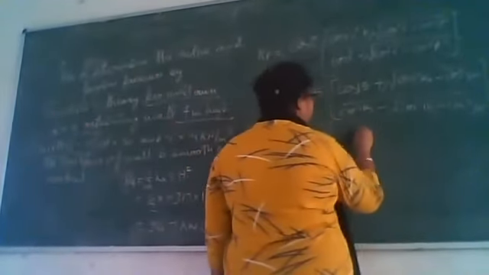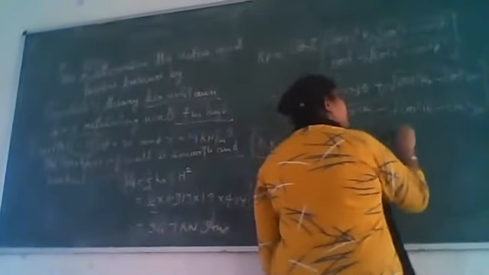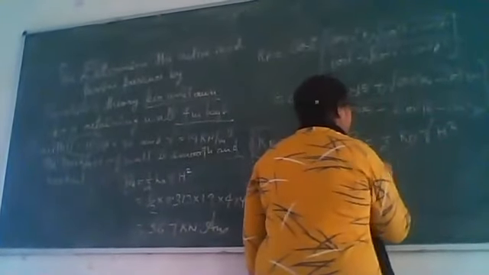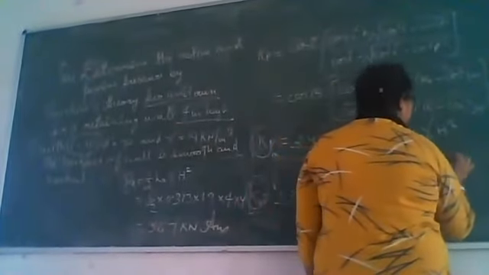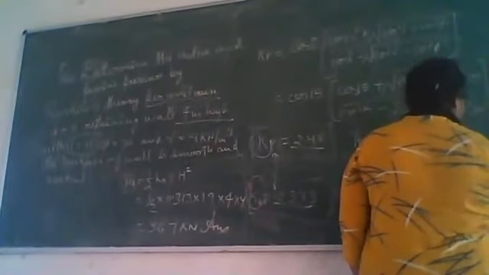Next, what we have to find out is Pp. What is Pp? 1 by 2 Kp gamma H square. Kp is 2.48, gamma is 19, H is 4.